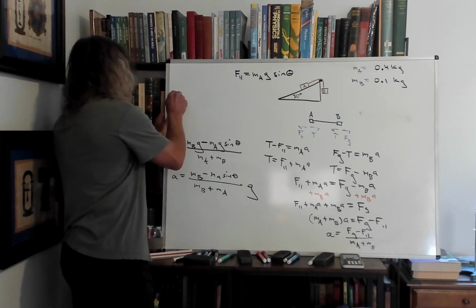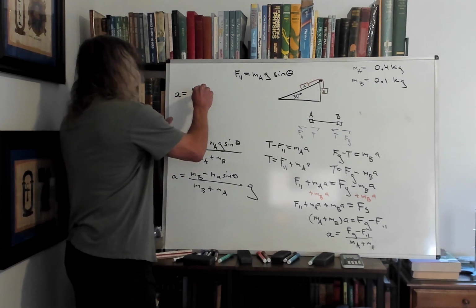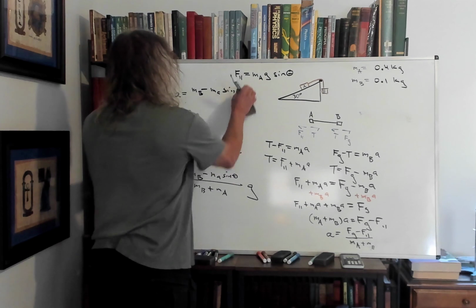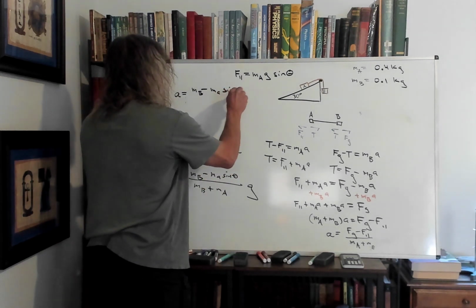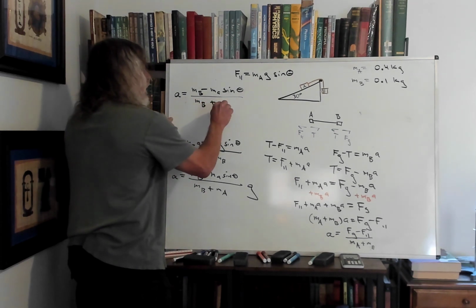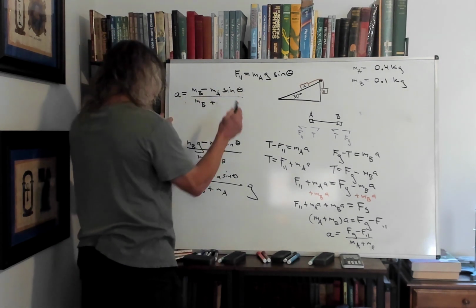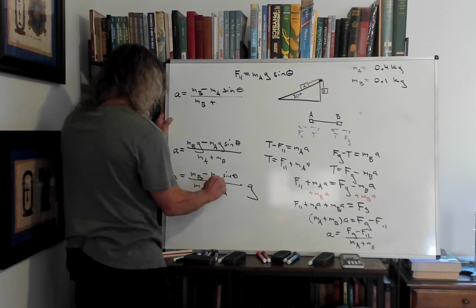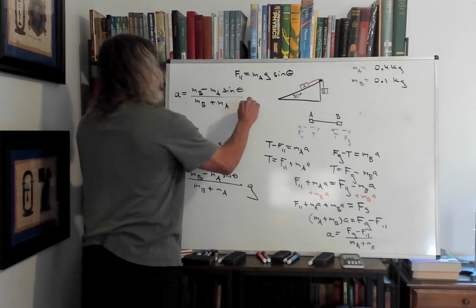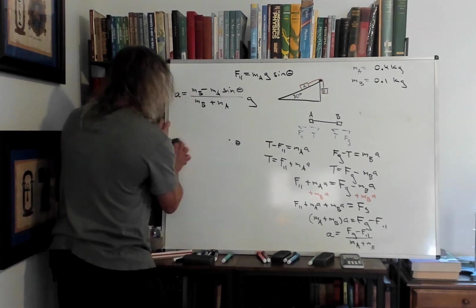Let's see, so acceleration is going to be M_B minus M_A sine theta over M_B plus M_A, capital A. Accidentally put a small a there, capital A, times G.